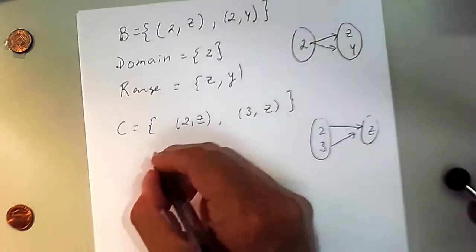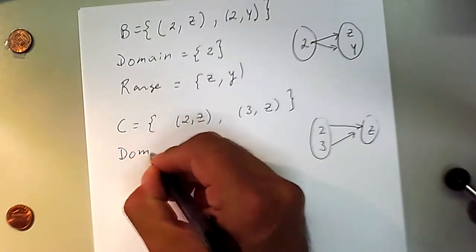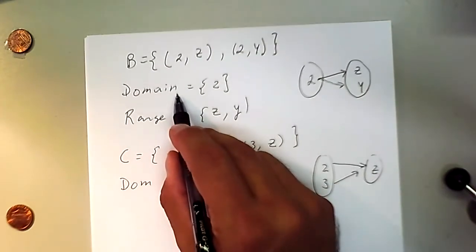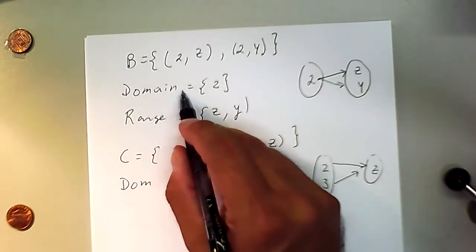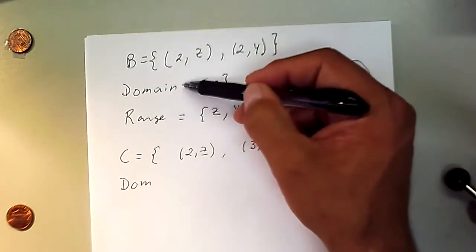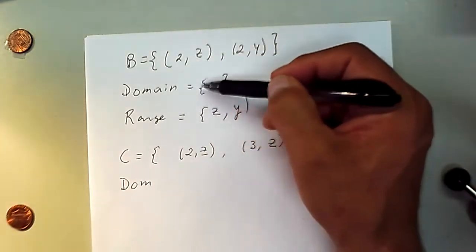Okay, so the domain, I did not write down what the domain of this is. Since B is above, we mean the domain of B, but that is not necessarily always clear. We should clarify.